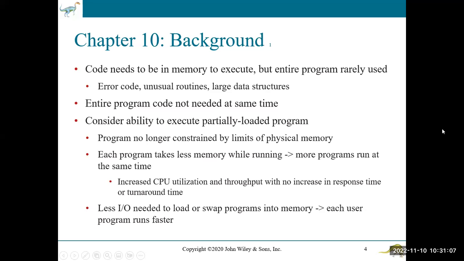In terms of a quick background, essentially code needs to be in memory to execute. That's the basic understanding we need to keep in the forefront. We can't execute code directly from a disk, right? That becomes a problem. Unless, of course, we're dealing with an innovation like Optane or 3D XPoint, where the RAM and the solid state memory structure is one and the same.